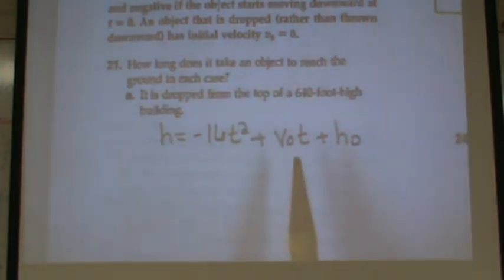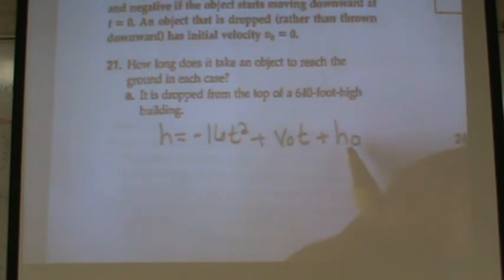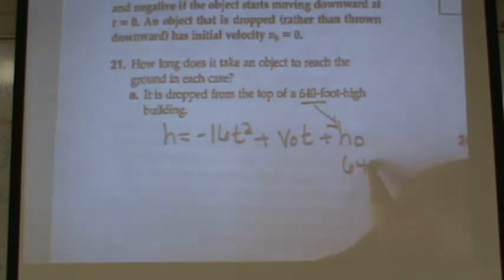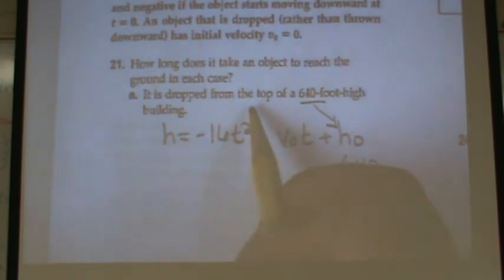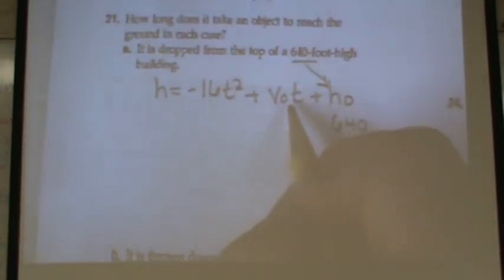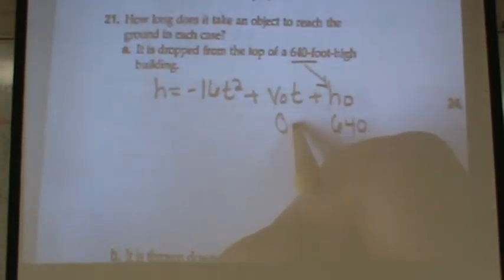So if you read this question, the initial height of the object is 640. So that's the 640 goes here. That's the height of where the object is. And if you're dropping something, dropping it means you don't have a velocity. So this is going to be 0, so 0t.